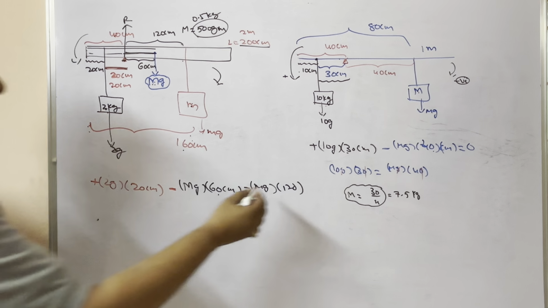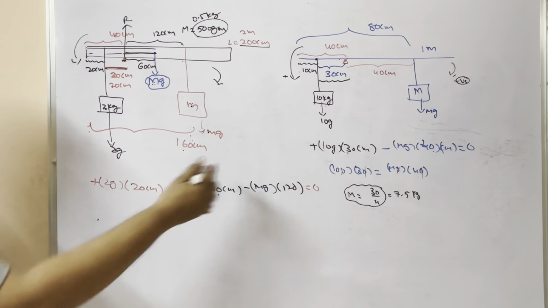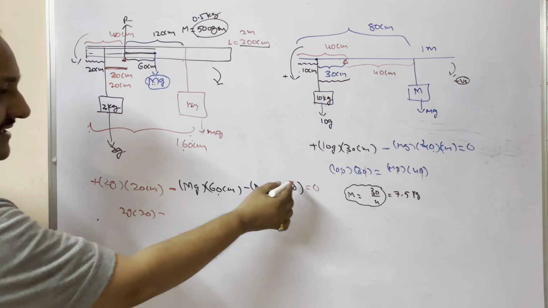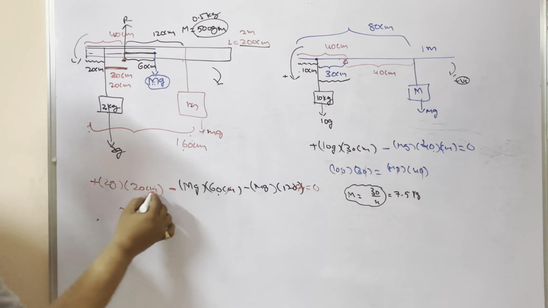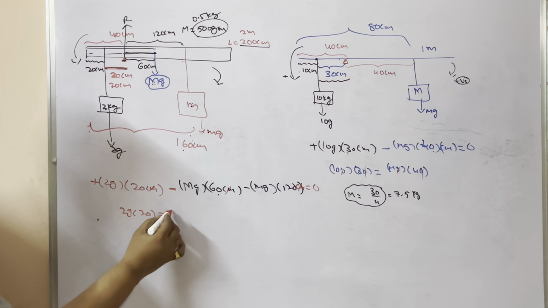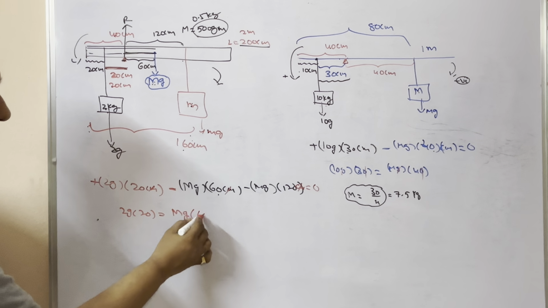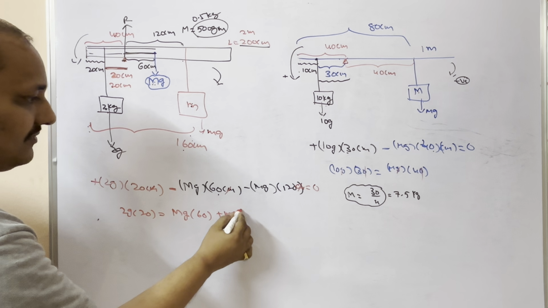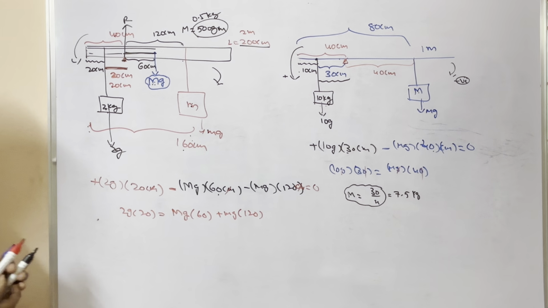Isn't it? So this should be equal to 0. You can send those to the right side. So 2g into 20, all centimeters will be cancelled, is equal to Mg into 60 plus mg into 120.